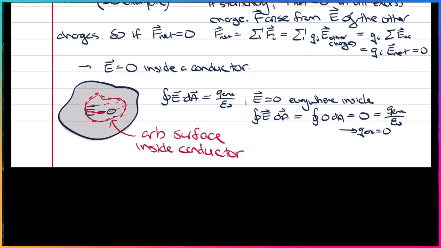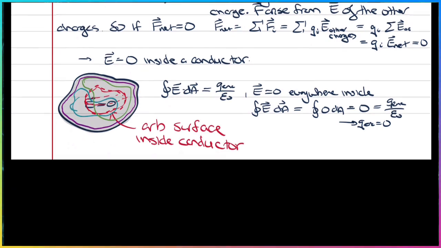That means that excess charge cannot be inside that shape, that red shape I just drew. It also cannot be inside this blue shape I just drew, or this green shape I just drew. Essentially, I could imagine drawing a surface that's just a sliver inside the surface of the conductor.